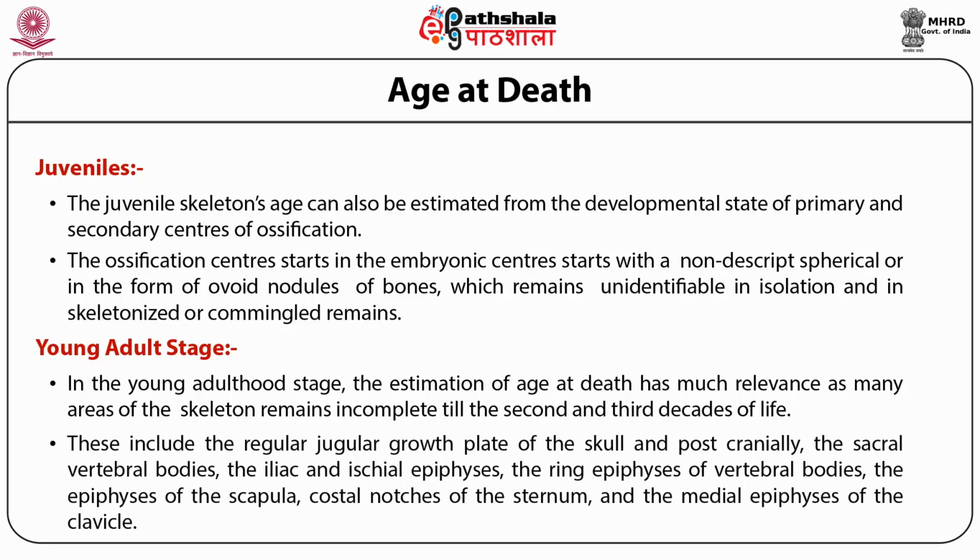These include the spheno-occipital growth plate of the skull and, postcranially, the sacral vertebral bodies, the iliac and ischial epiphyses, the ring epiphyses of vertebral bodies, the epiphyses of the scapula, costal notches of the sternum, and the medial epiphyses of the clavicle.